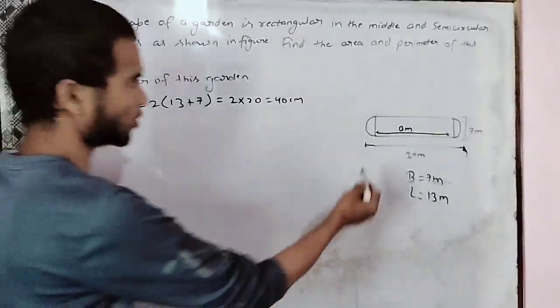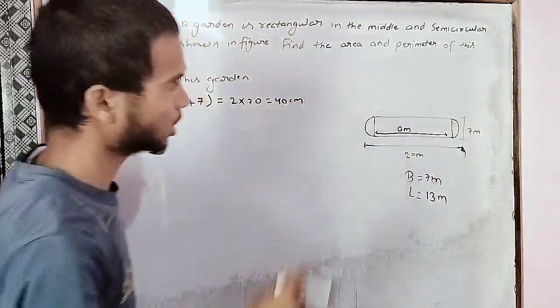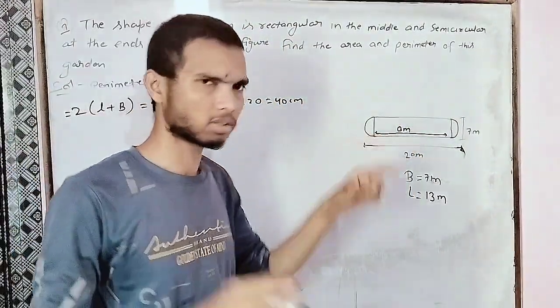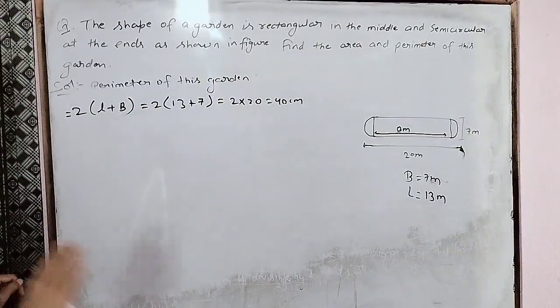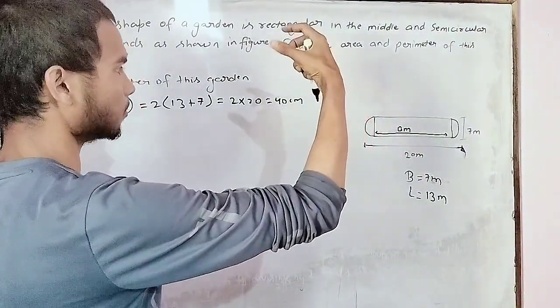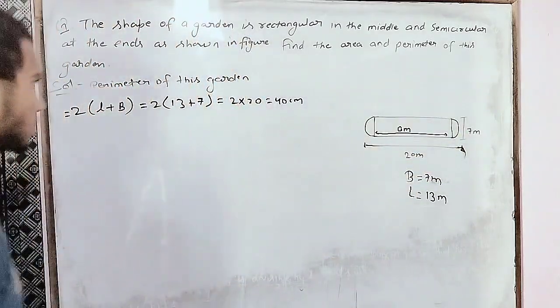So from here till here, the total measurement of the circumference of this rectangle is 40 centimeter. Now, our work is to find out the total measure of this circumference and of this circumference.